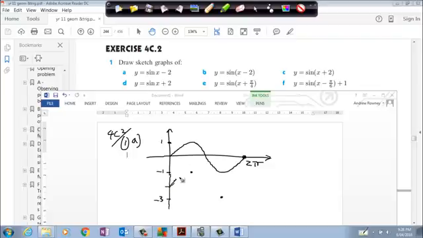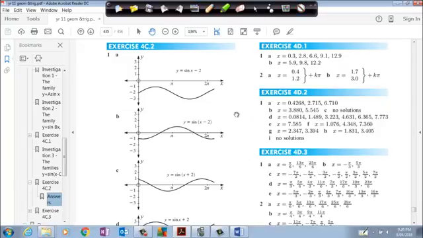So we get a graph looking like this, where everything drops down by 2 units. So that is the y equals sine x graph, and this is the y equals sine x take 2 graph. Okay, so you can try, just pause the video and try the rest of those using the rule we've learnt.